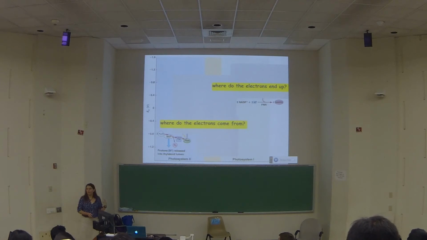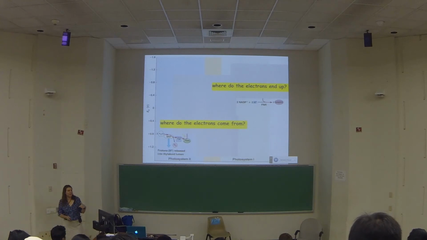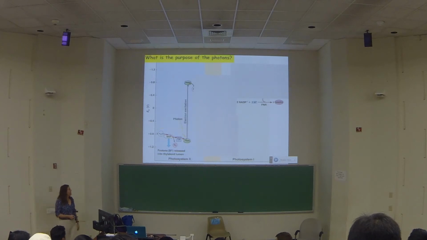We're stripping them off of water now. So what do you think their energy state is? Low. So what do we need to do to these electrons? Give them some energy.